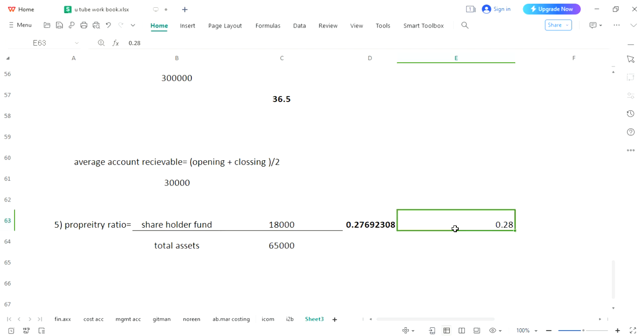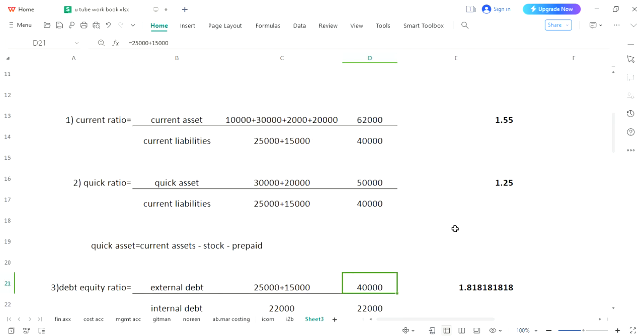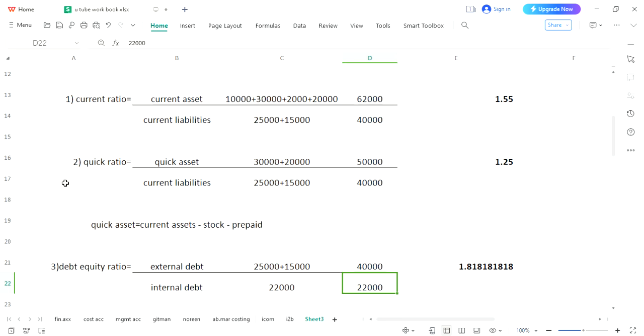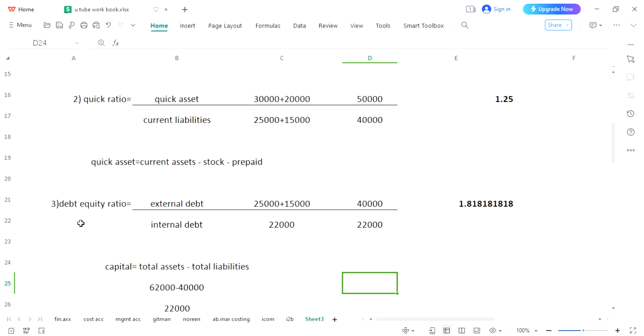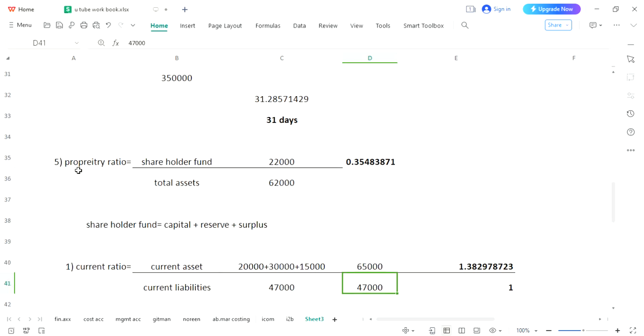So guys, in this way we have calculated all requirements, 5 for first year, 5 for second year. Please see over here. Look, first requirement, second requirement, and then third requirement, fourth, this is your fifth requirement.